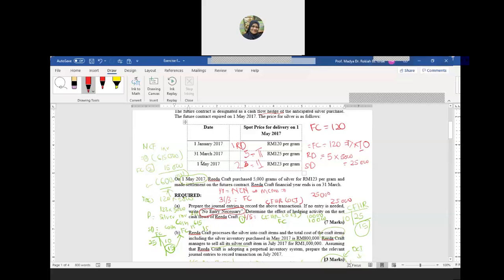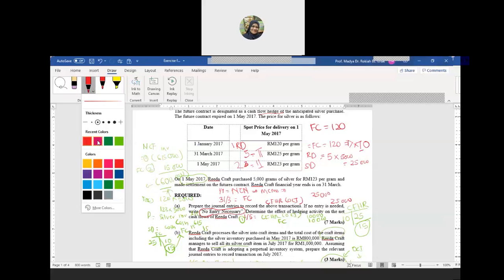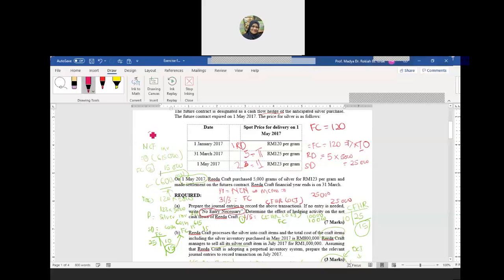We only need to focus on the cash effect. So the first journal entry is the purchase, where the cash is negative 615.